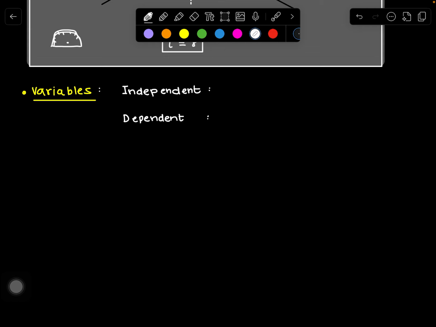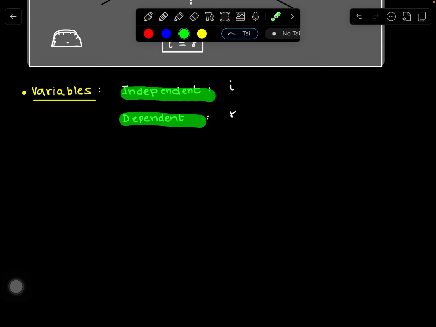So the independent variable is the angle of incidence here, I, और dependent variable क्या है? Angle of reflection R. अच्छा, जो चीज़ें change होती हैं, they are variables. The word variable in English itself means something that changes, right?